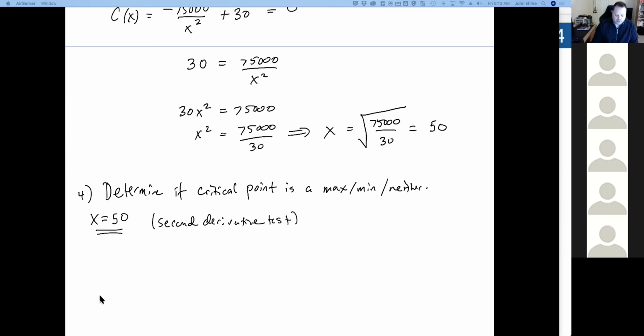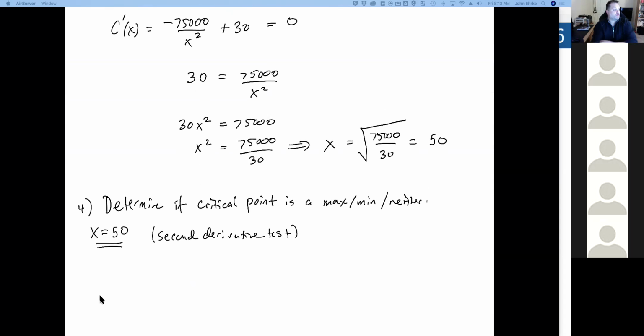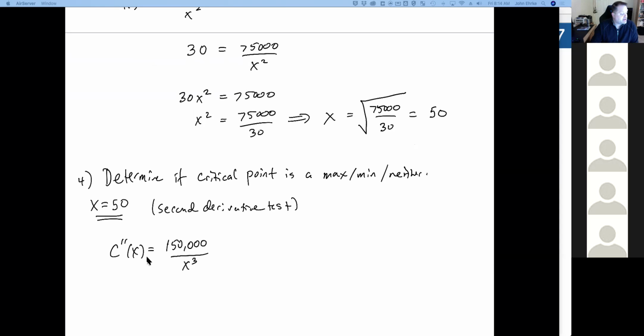And the easiest way to do that in this case is to compute one more derivative. The second derivative of this cost function will turn out to be positive 150,000 over x cubed. So that's the second derivative.